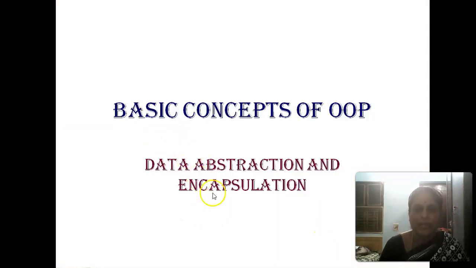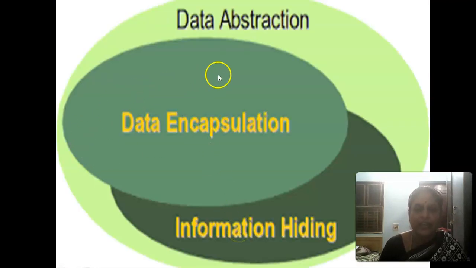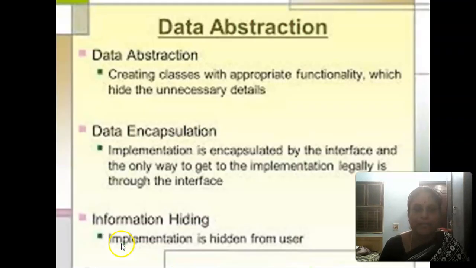Next, data abstraction and data encapsulation. Data abstraction is a superset of data encapsulation and information hiding. Data abstraction is creating classes with the appropriate functionality which hide the unnecessary details.